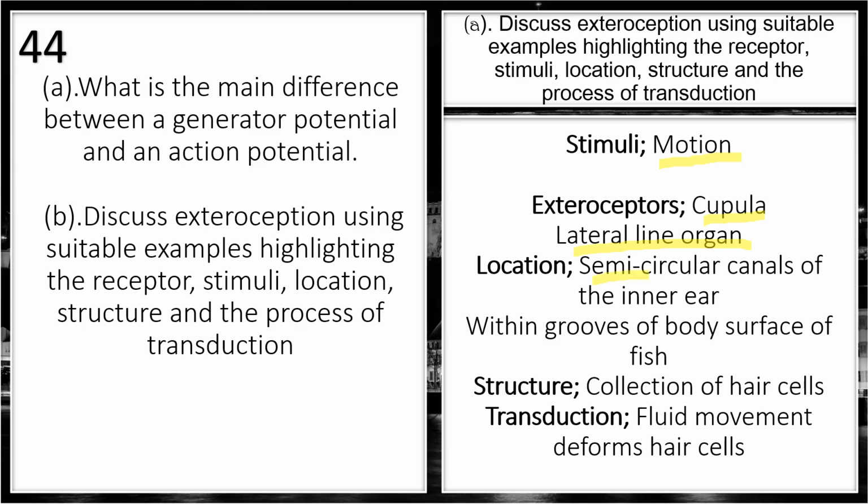Location, in semicircular canals of the inner ear, also within the groove of the body surface of the fish. The structure, collection of hair cells, and transduction, the fluid movement deforms the hair cells.